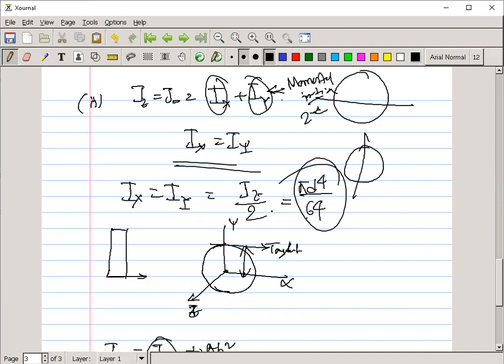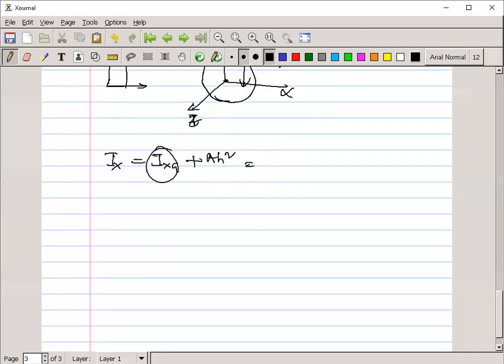So for this part, you simply put here pi d to the power 4 by 64 plus A h square, and A, you all know, is pi d square by 4, into h square.